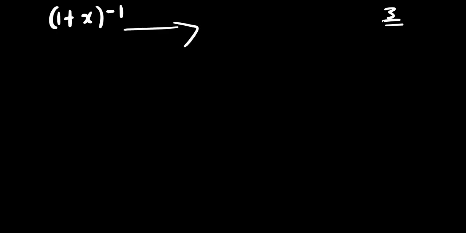Let's say you are told to expand 1 plus x to the power negative 1. Because the power is negative 1, let's say they've told you to end at 3, because you know that this expression goes to infinity.